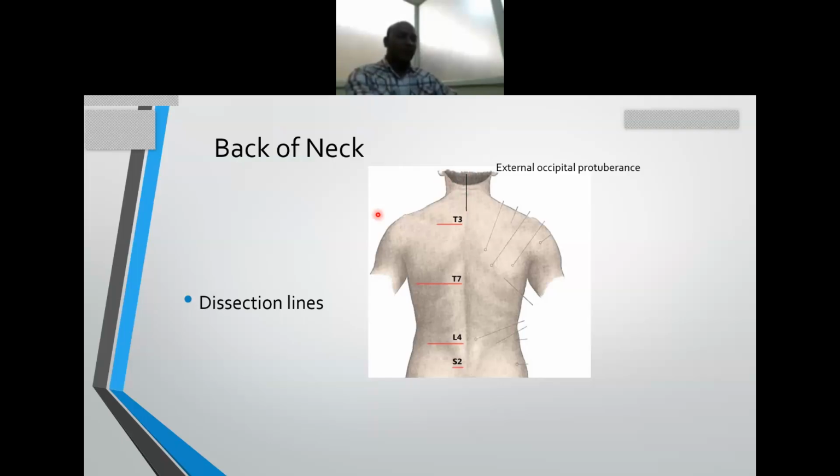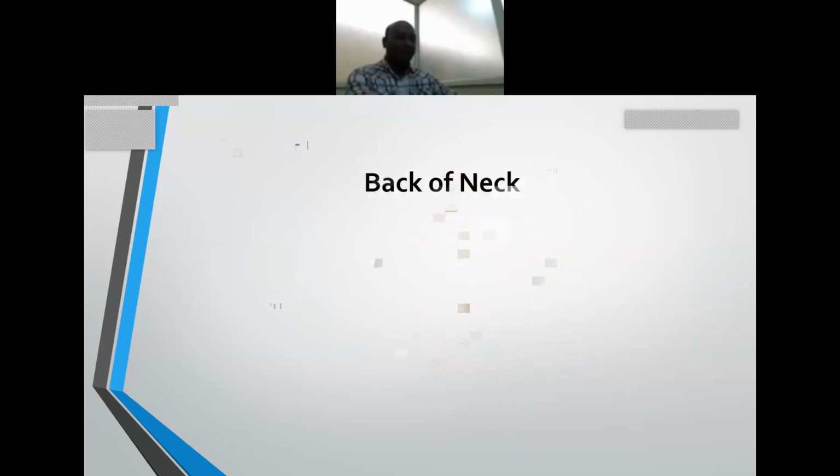Then you'll encounter the superficial fascia with a variable amount of fat, which is mixed with a lot of dense, irregular connective tissue as well. If you go deeper, then you will see the interweaving fibers of the trapezius, which is enclosed by the investing layer of deep cervical fascia. Okay.